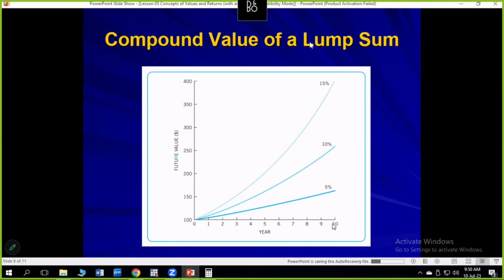You can learn that when the interest rate is higher, your money grows very fast.